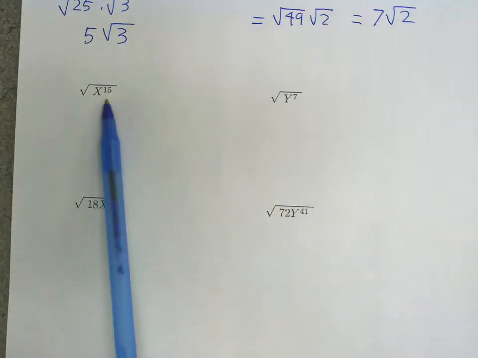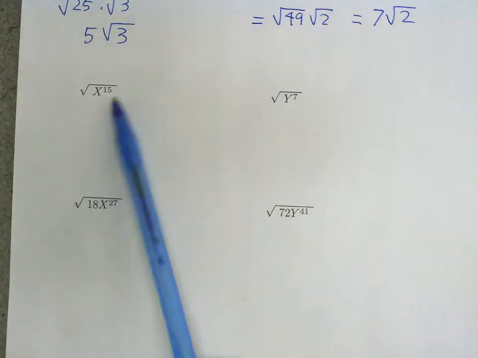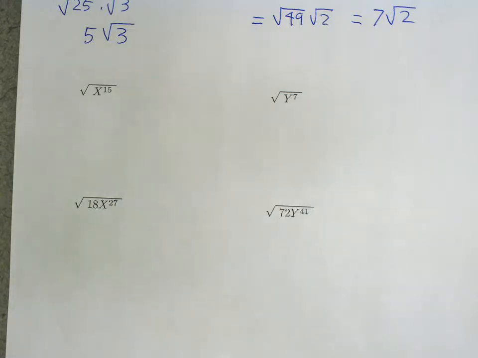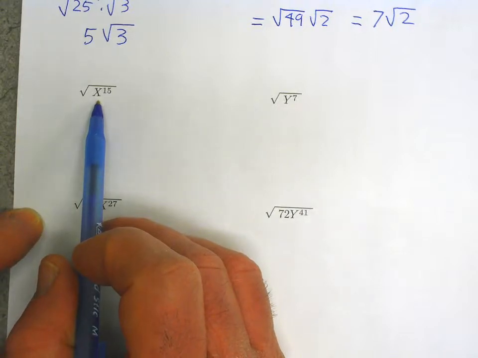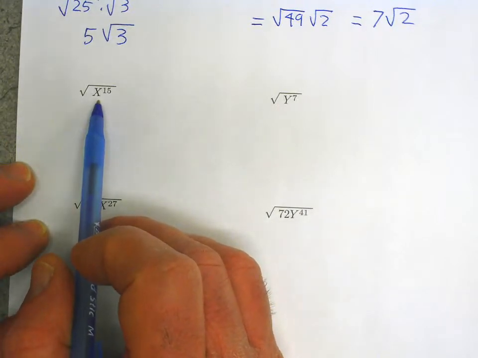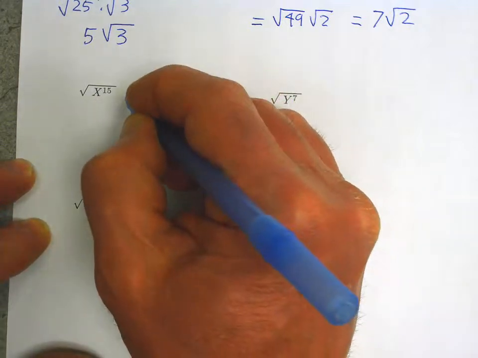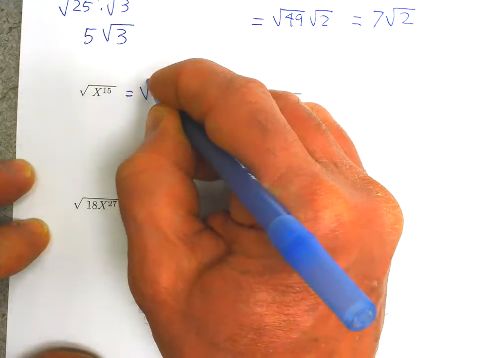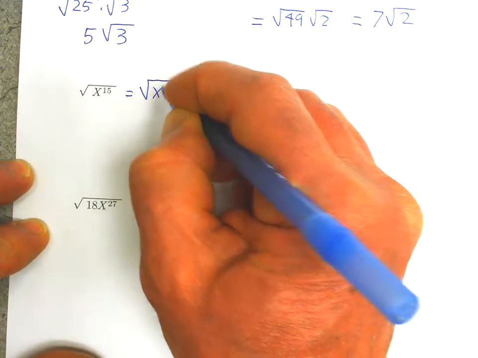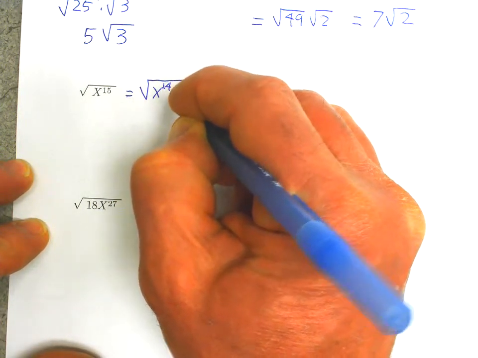The exponent 15 is not even, so x to the 15th is not a perfect square. The largest factor of x to the 15th that is a perfect square is x to the 14th. And x to the 14th times x is x to the 15th. So we're going to rewrite the square root of x to the 15th as the square root of x to the 14th times x.